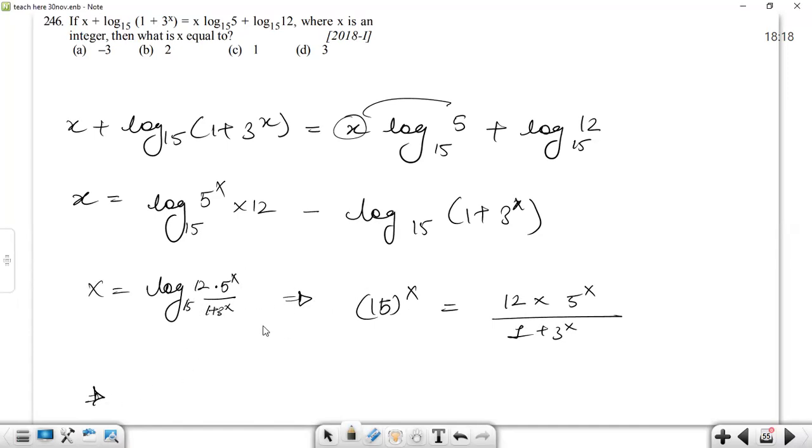We have simplified the logarithm. So 12 into 5 raised to power x will go into the denominator. 15 by 5 raised to power x can be written like this. Do you agree? Any doubts?